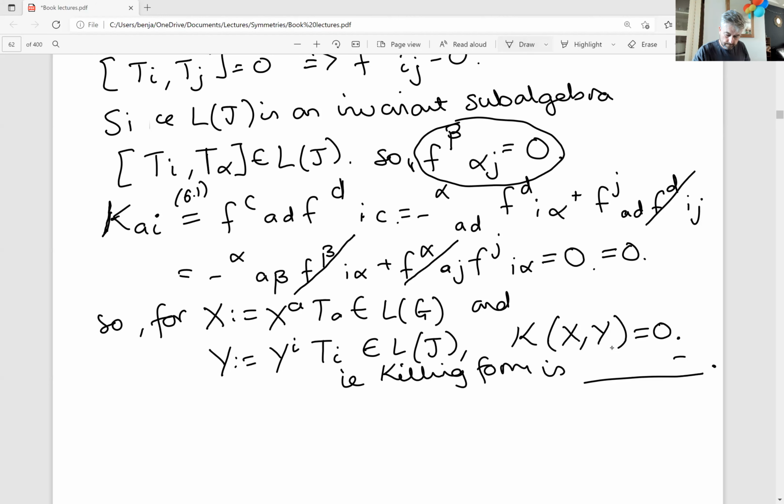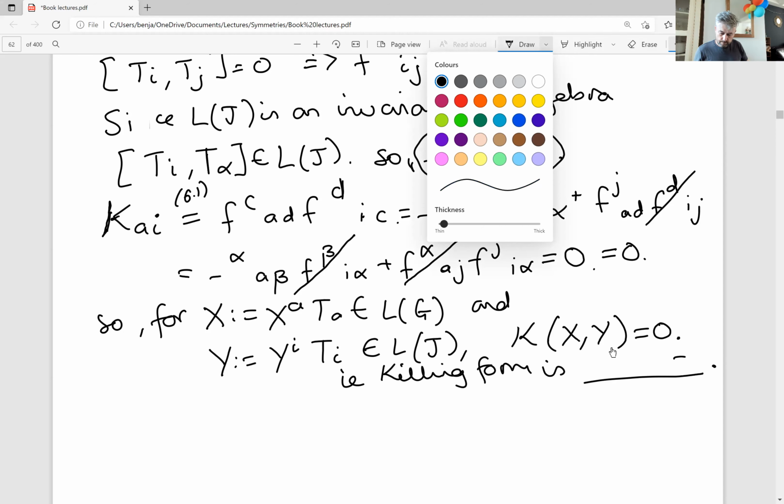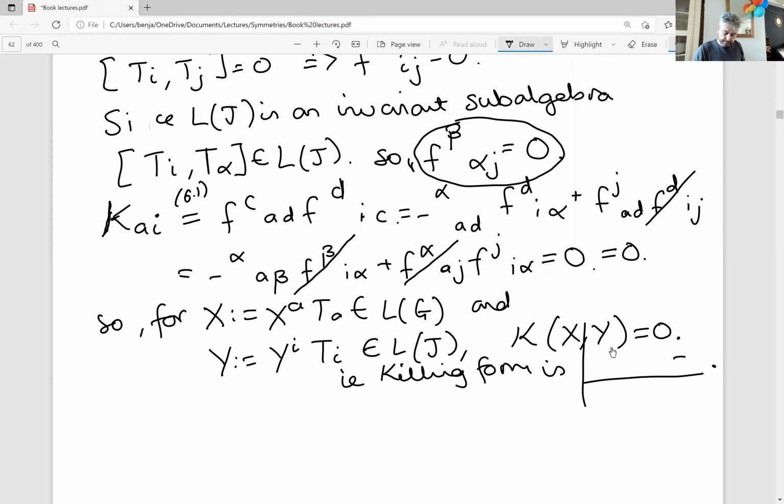We'll bring that along. And then finally, we'll get on to complexification of Lie groups.